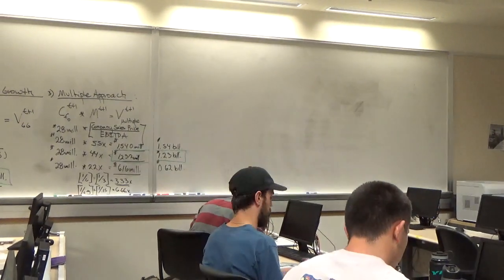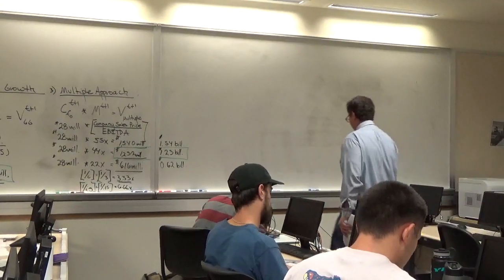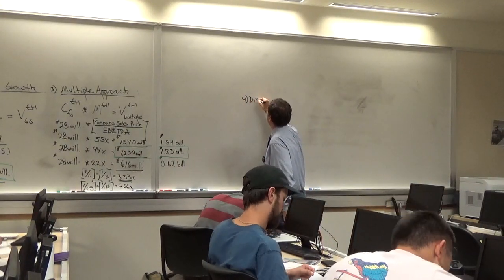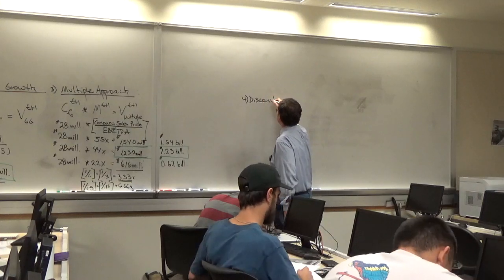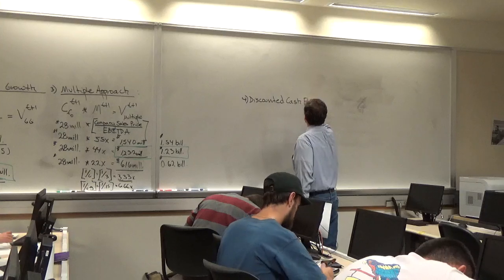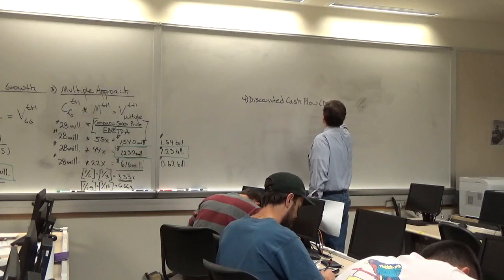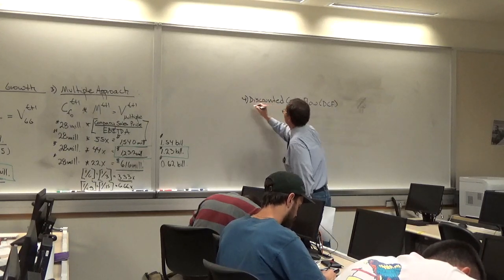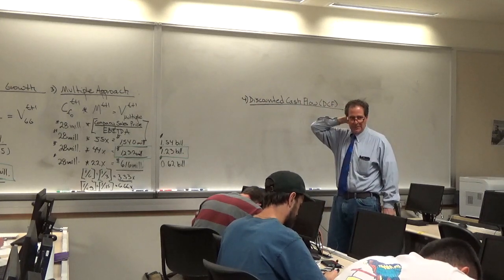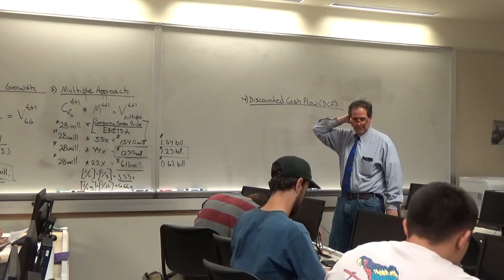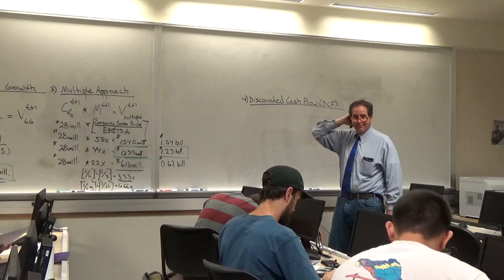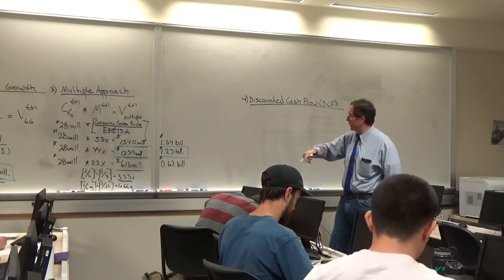Yeah, discounted cash flow, DCF. Excellent, okay. So what are we trying to calculate when we calculate the DCF? Terminal value? Not the terminal value, we're gonna do that over here.